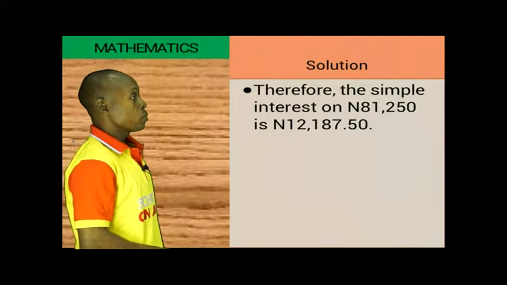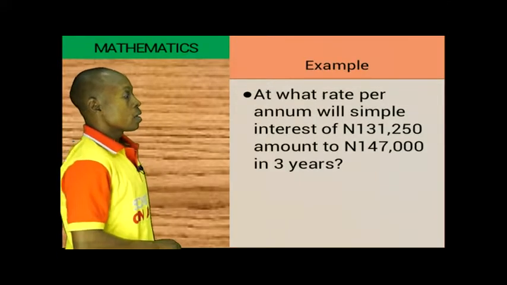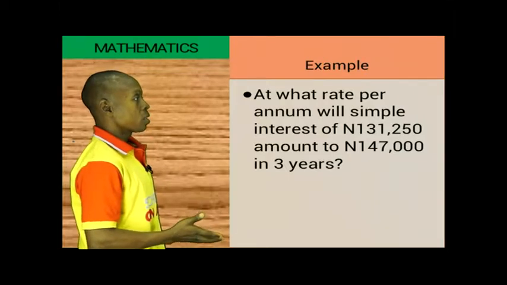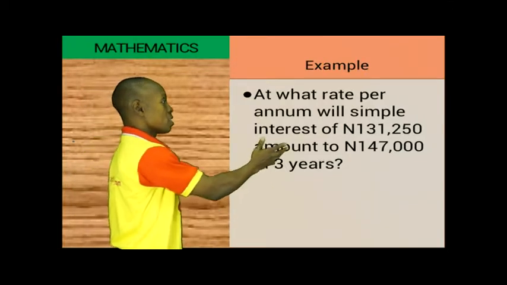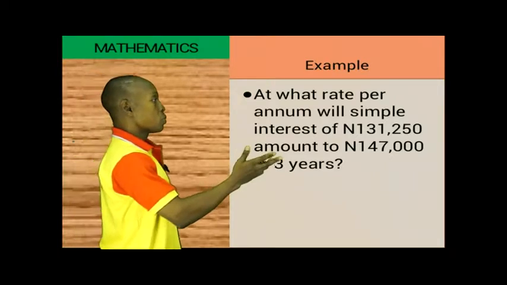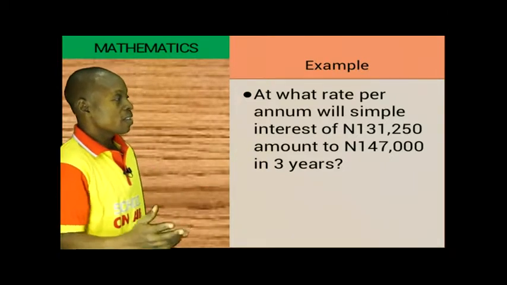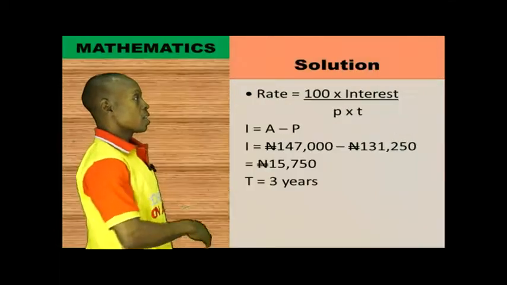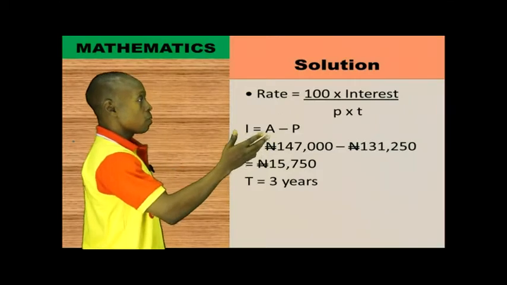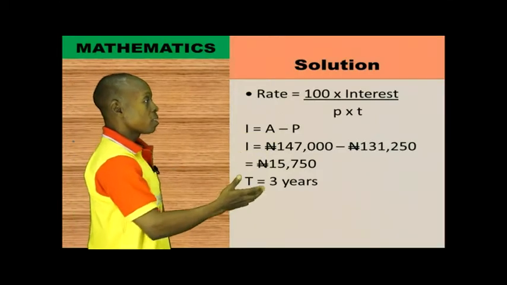In the second example, we were asked to find the rate per annum. At what rate per annum will a simple interest of 131,250 naira amount to 147,000 naira in 3 years? And we went through the solution. You have 100 multiplied by interest all over principal times time, which is the formula for the rate.